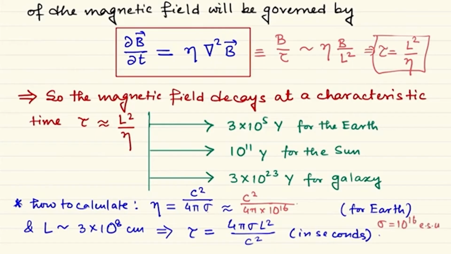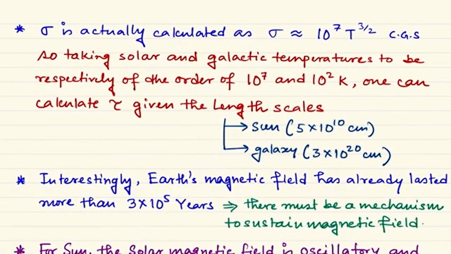So my question to you is that if sigma is 10 to the 16 ESU, then what is the temperature of the Earth's core, the estimated temperature?